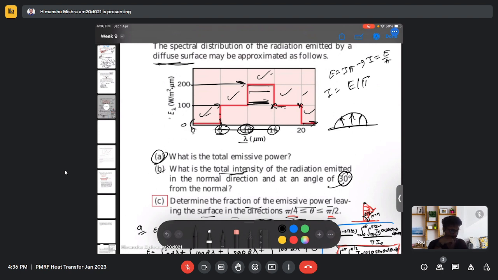But my total power will be different in different directions, even though my intensity will be diffusive in nature. For example, here my total power is a function of wavelength. That means it is changing with wavelength. Similarly, my total power should also change with the direction.